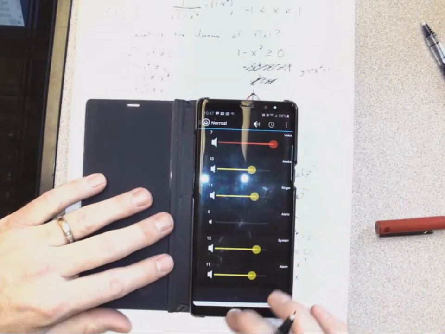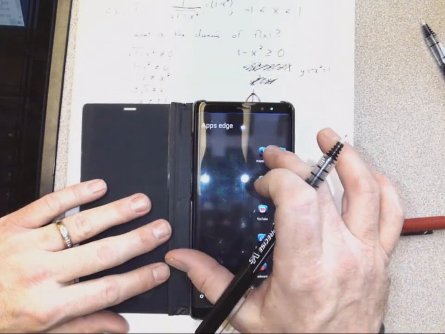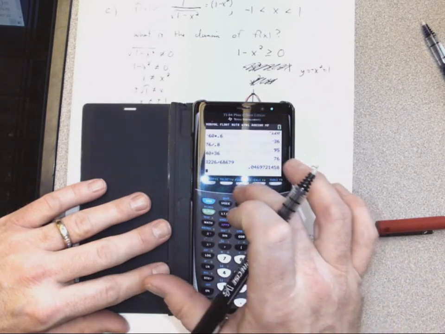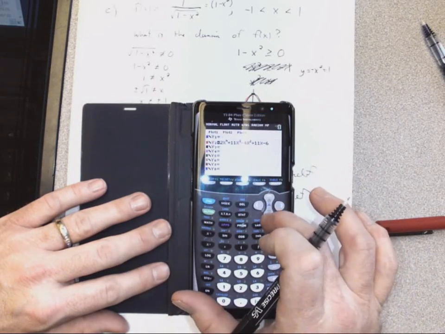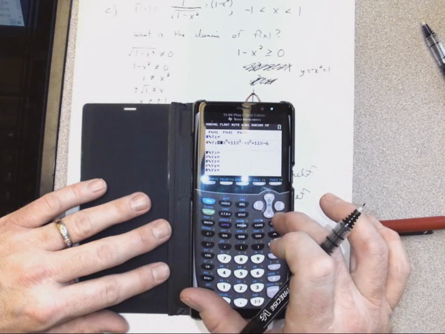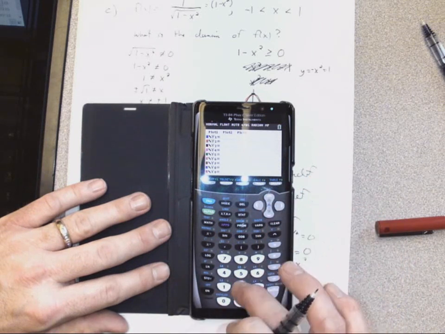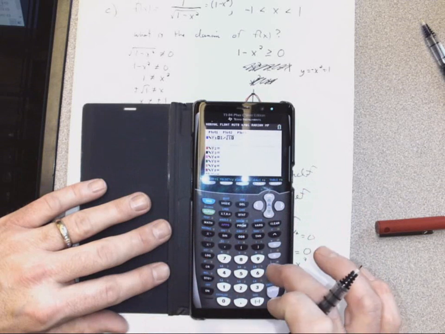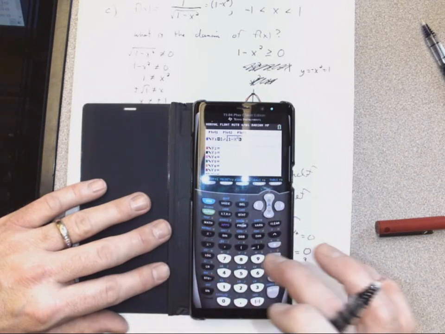I'll go to my calculator and cheat a little bit. Y equals 1 divided by the square root of 1 minus x squared.